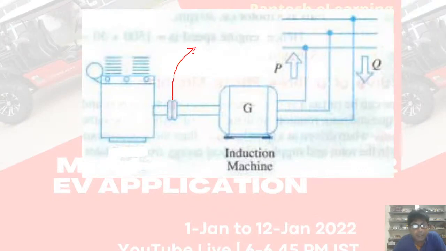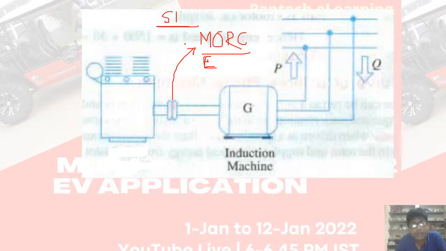Here, this is called an overrun clutch, a mechanical overrun clutch or electrical. This experiment was done by a group of students from, I think, SRM University, who came to my lab. They have done this experiment. So this is the induction motor I want to use as a generator.